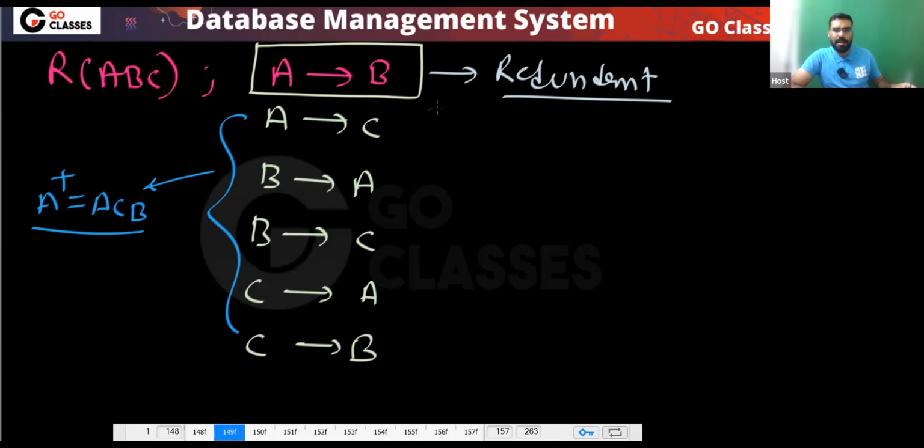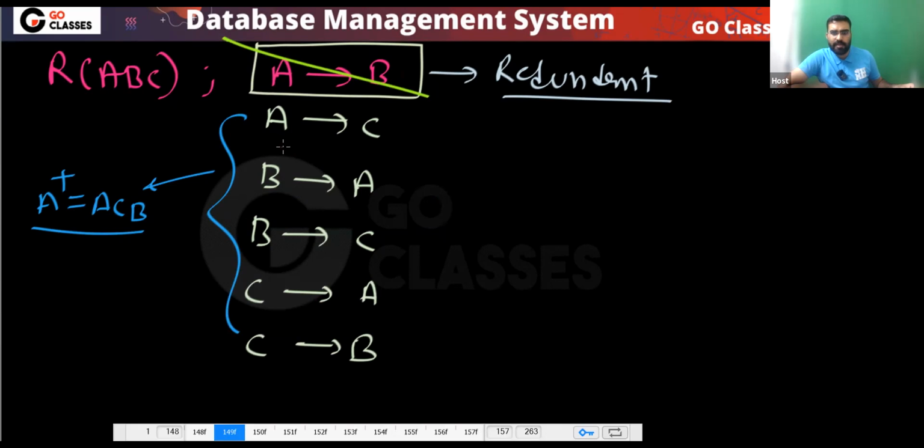So A closure contains B, and you can remove this. Okay, now this is gone, remember. Now forget about it.